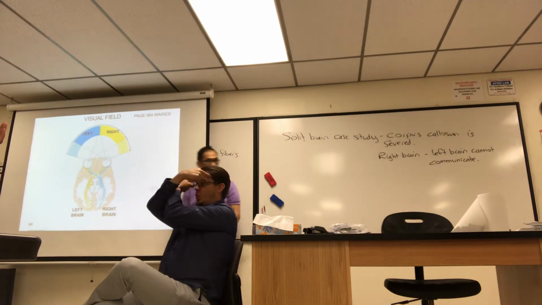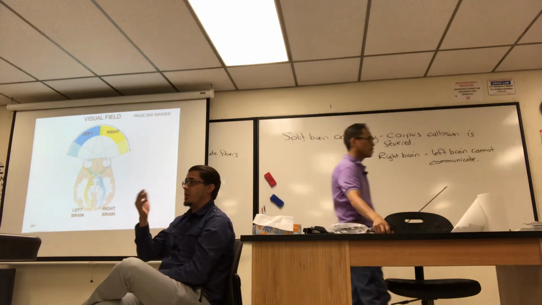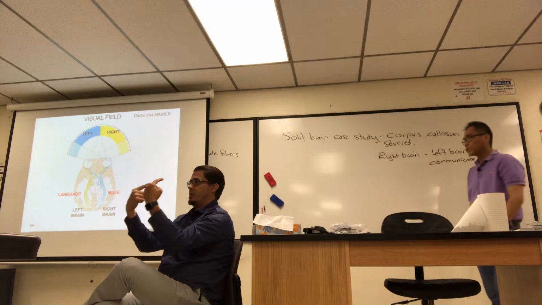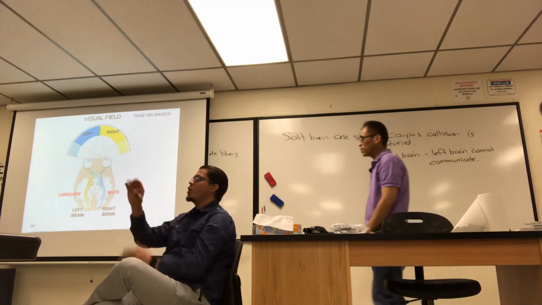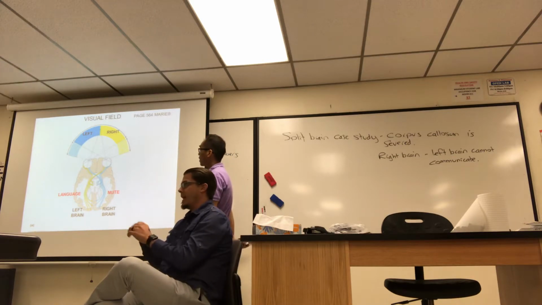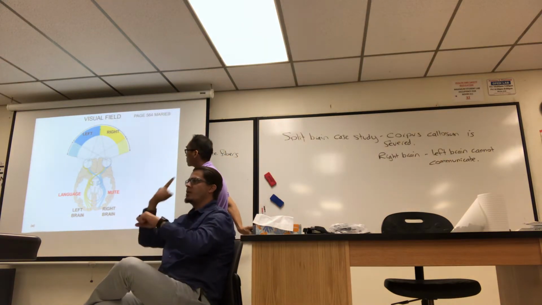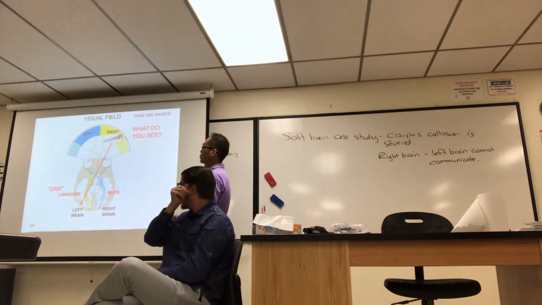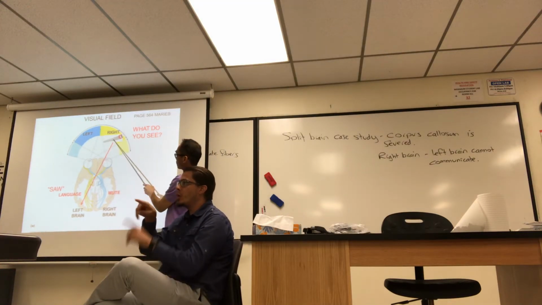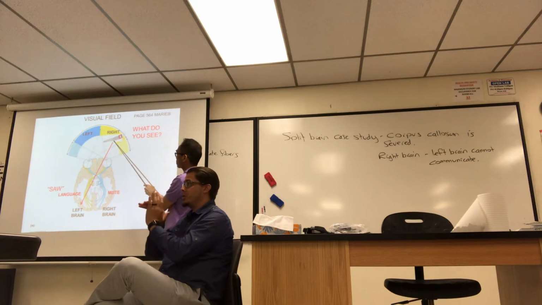Okay, so earlier I talked about cerebral dominance. Left brain is for language, the right brain is mute, can't talk. So in a test for a normal person, they're gazing forward, but you show them a picture of a saw.